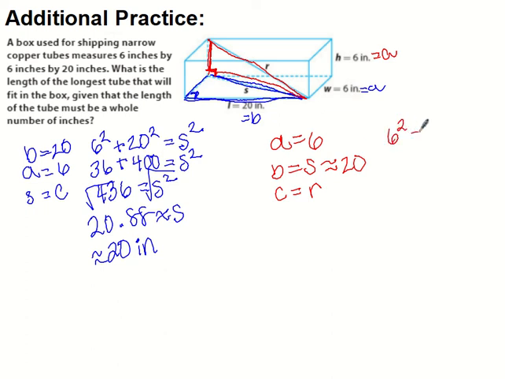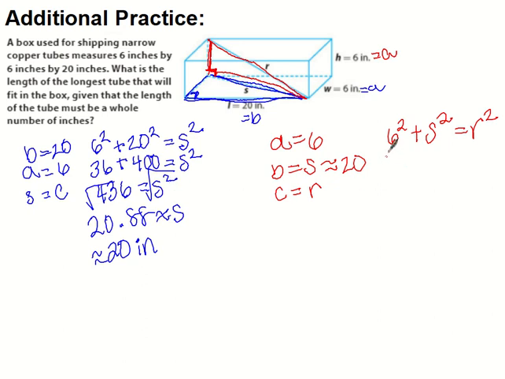So 6 squared plus, now I'm going to do something, I'm going to have you watch this, S squared equals R squared. Now the reason I did that is because technically S is an estimate. We rounded here, but if you look right here, I had what S squared equaled perfectly.